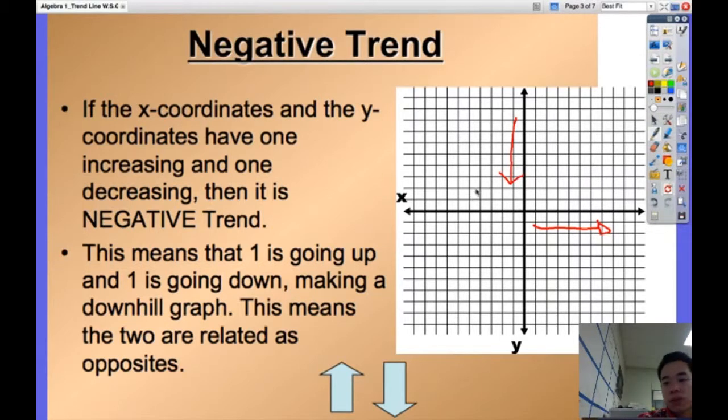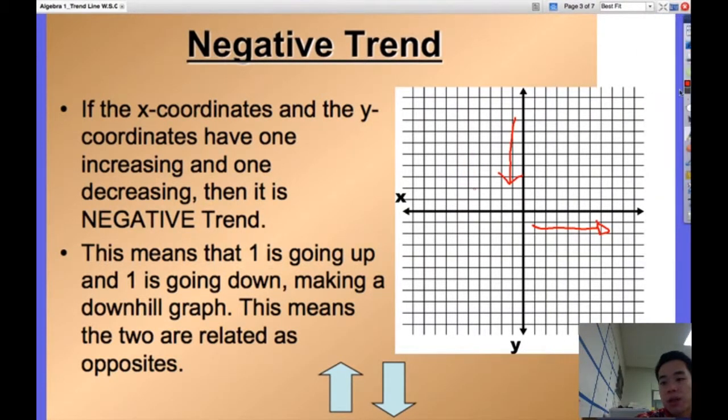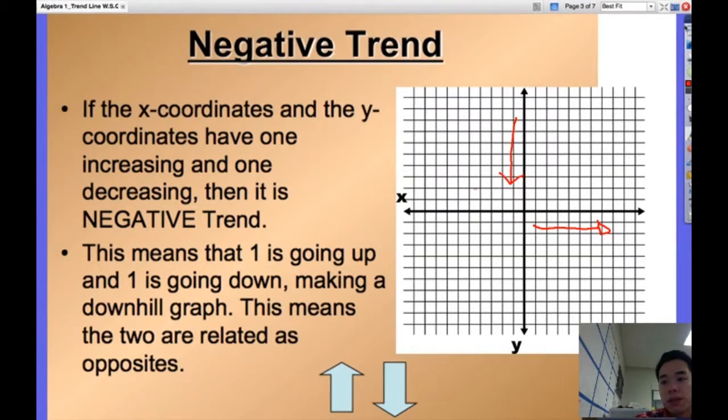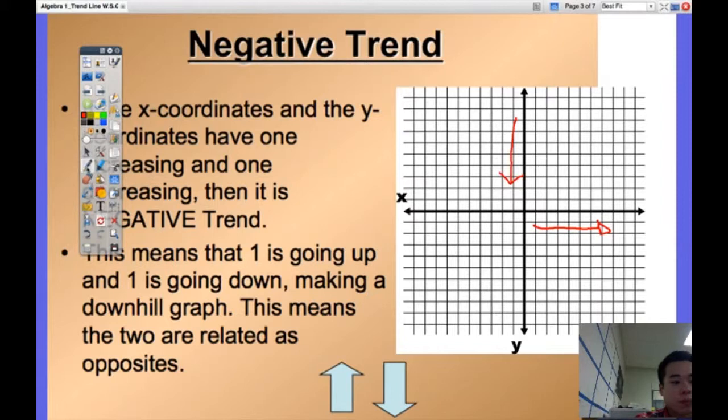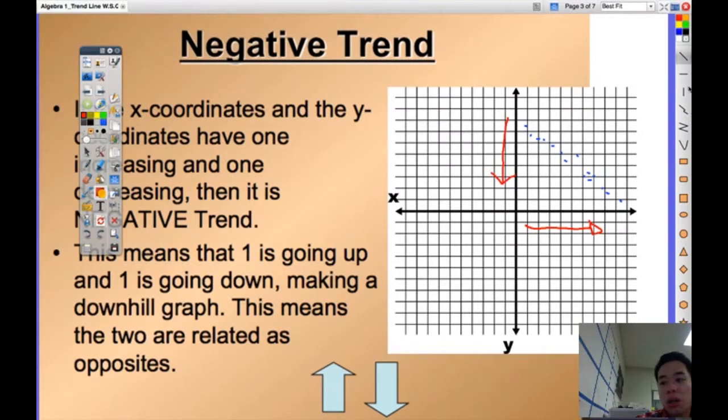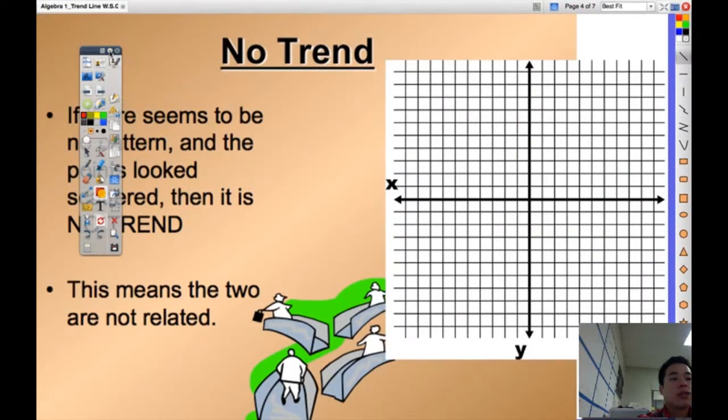It may look something like this. I'll start here and then move in a general negative direction. I can quickly draw a line, and I can tell that that will give me a negative trend, or a negative slope.